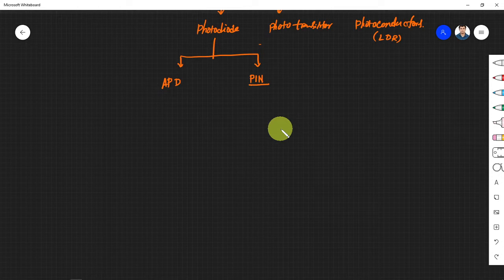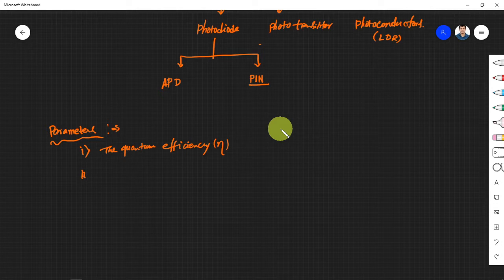We're looking at a few important parameters. First, we always look for the quantum efficiency of a device, right? We have already discussed this when we talked about LED, and even in laser. The quantum efficiency is denoted as zeta.